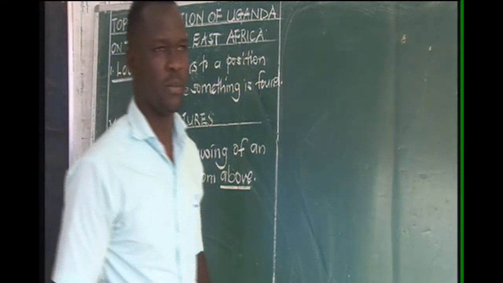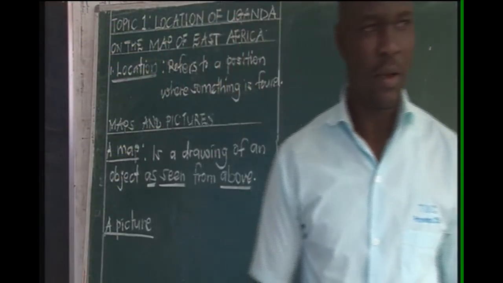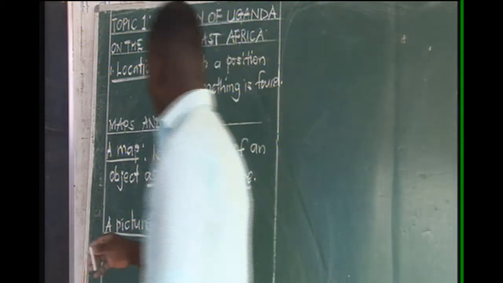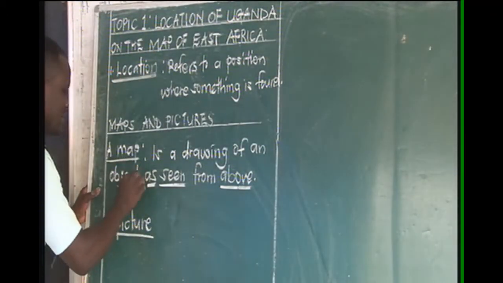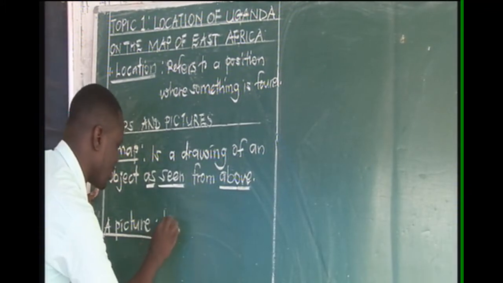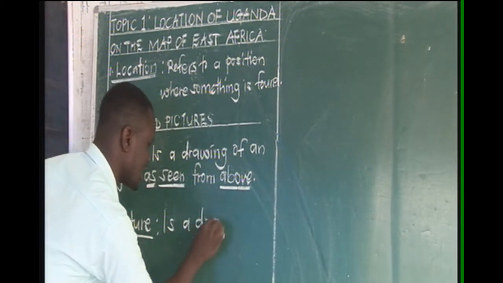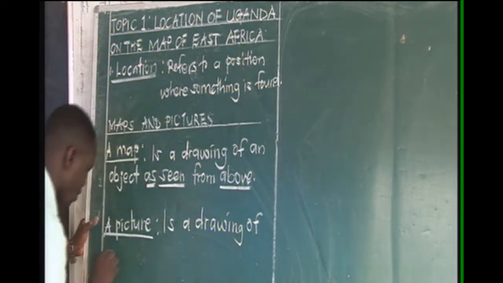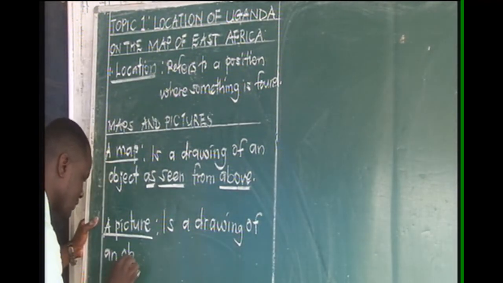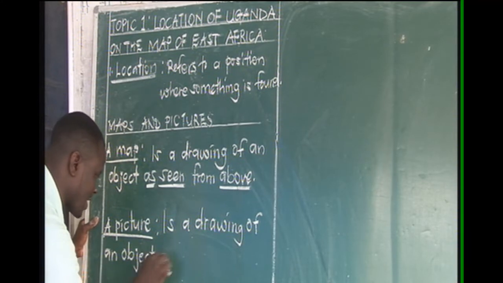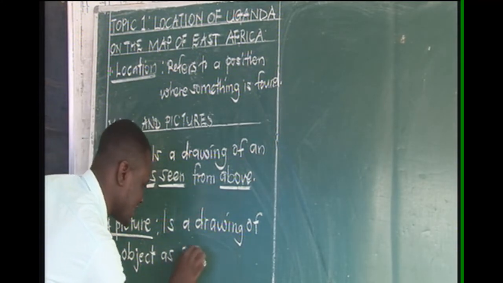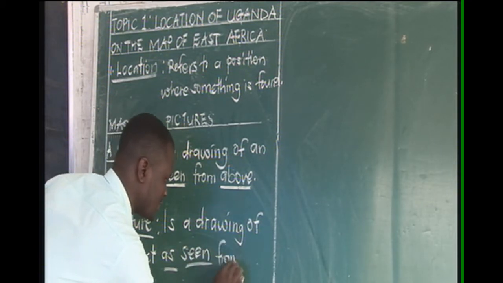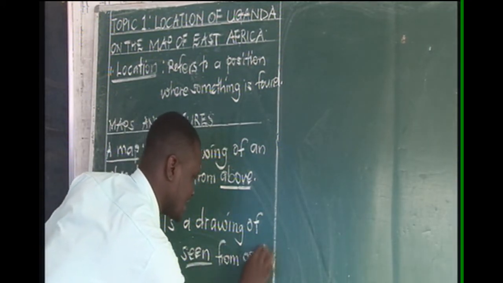Then we have the other one, which is a picture. So what do we mean by a picture? A picture, we have the same definition, a drawing of an object. A picture is a drawing of an object as seen from a side.